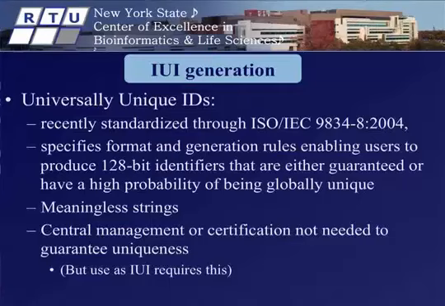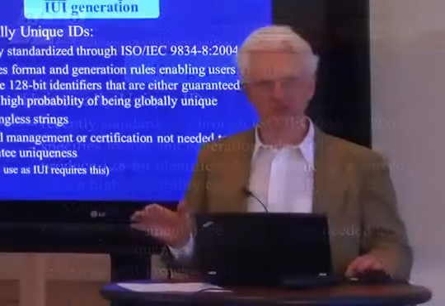And so these are 128-bit identifiers which can be guaranteed to be globally unique with a vanishingly high probability of a doubling without any kind of central management or certification.